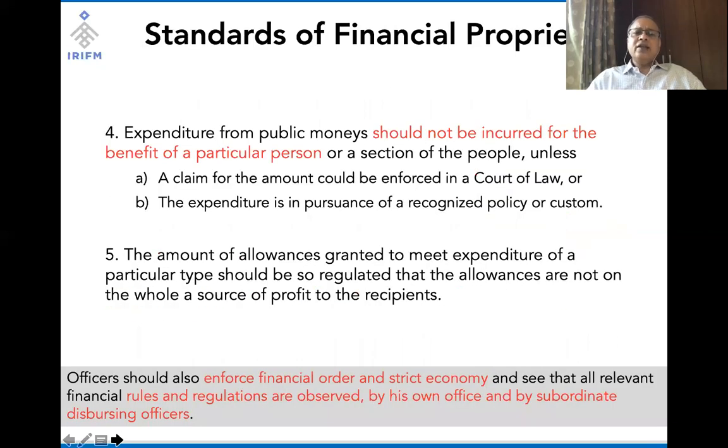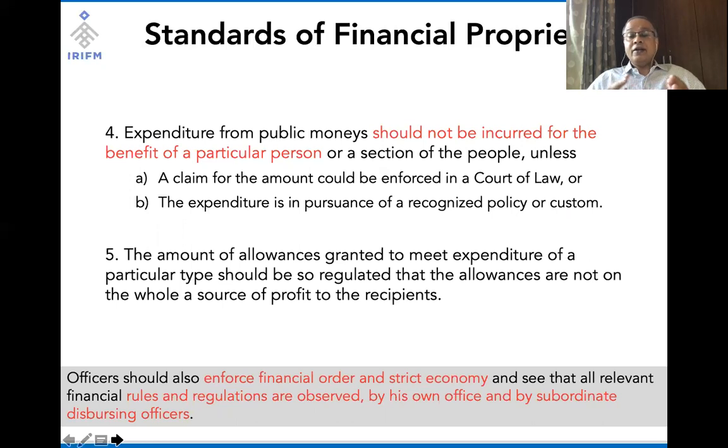The fourth canon of financial propriety is that expenditure from public money should not be incurred for the benefit of a particular person or section of people unless it has been authorized by law or by a public policy, right?